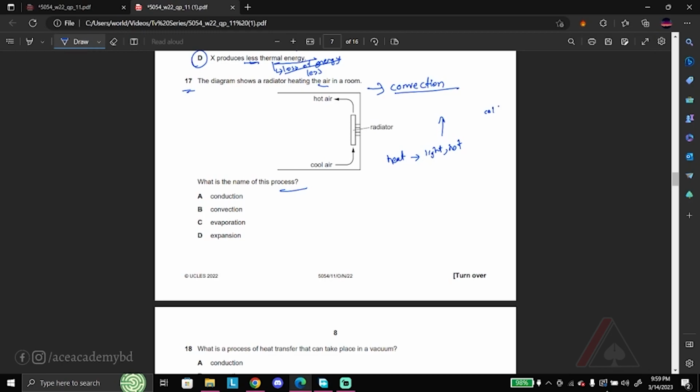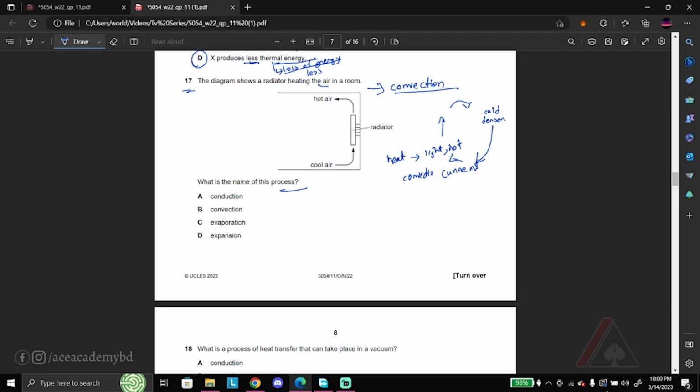Now the cold denser air comes down and replaces the position of the light hot air. So this actually creates a cycle or current, which is known as the convection current.